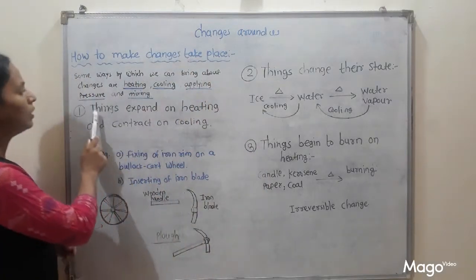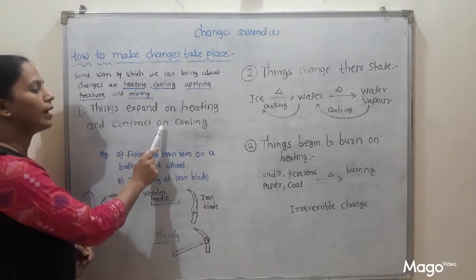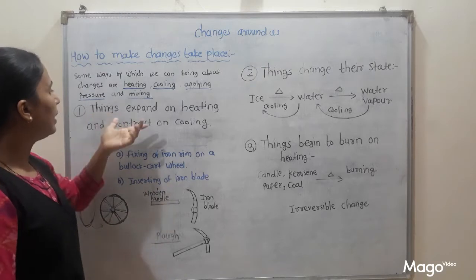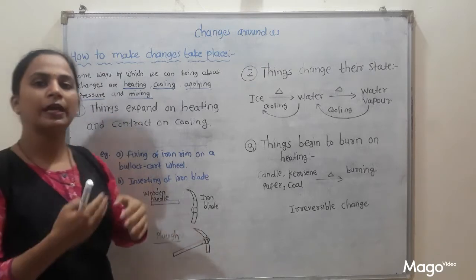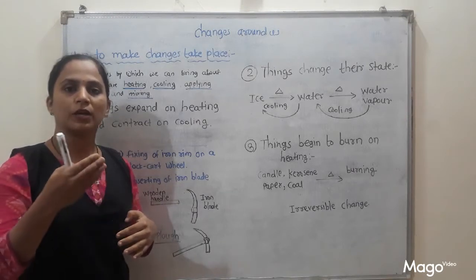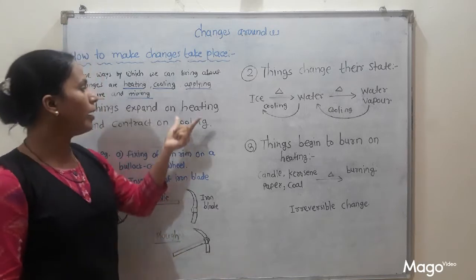You can see here, things expand on heating and things contract on cooling. Students, I will again repeat. When we heat an object, its temperature increases and its size also increases, which we call expansion.